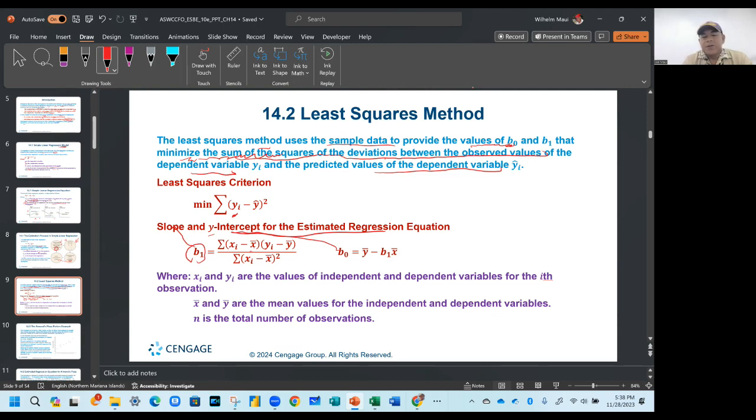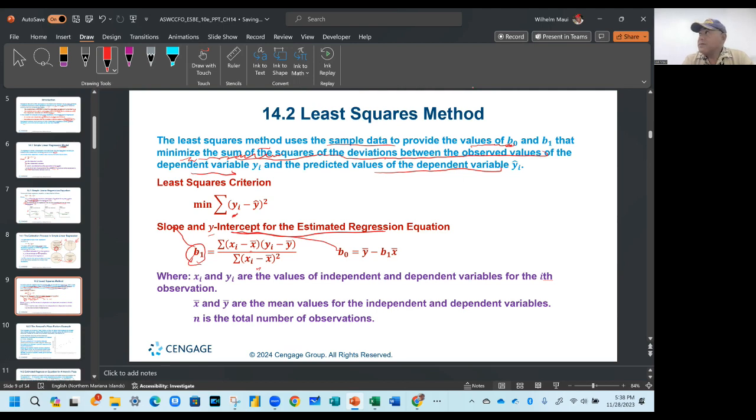Sum that, and that's going to be your numerator. In the denominator, you take the difference of the observed value of x from the mean of x, square those values, and sum them. That gives you your estimate for beta 1.